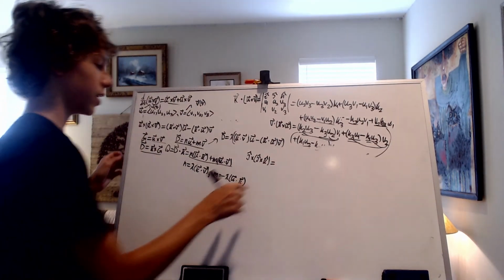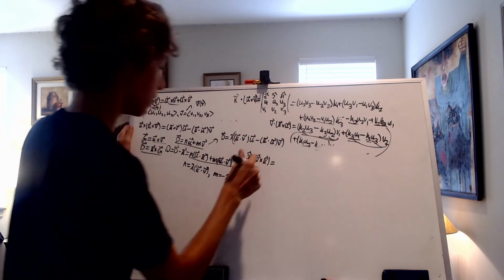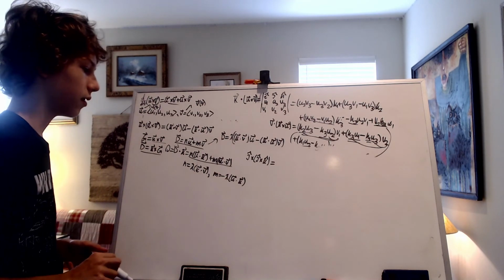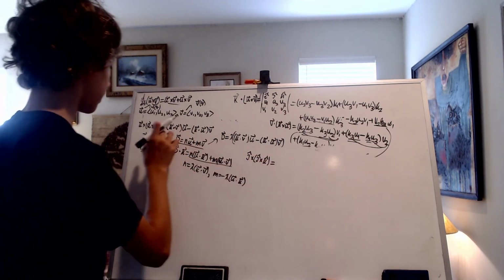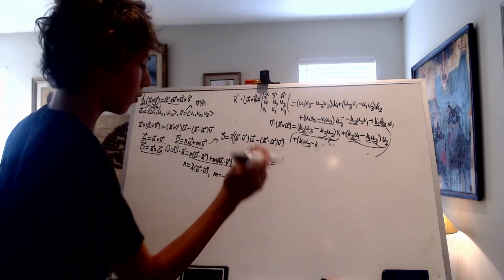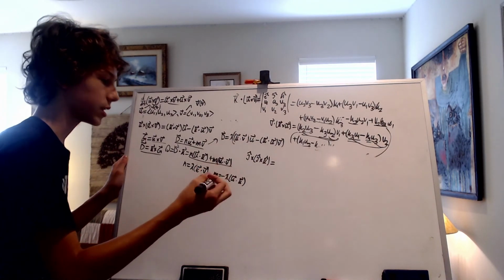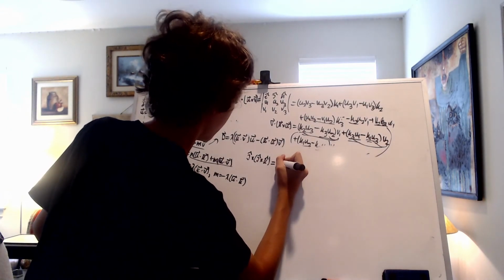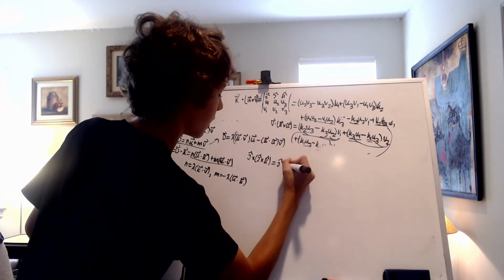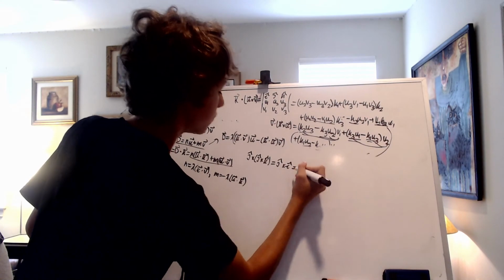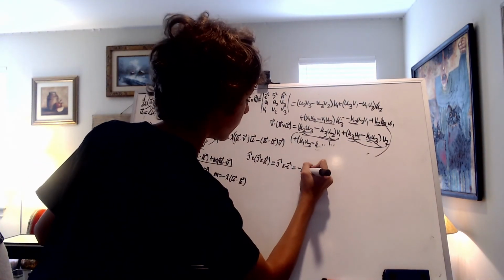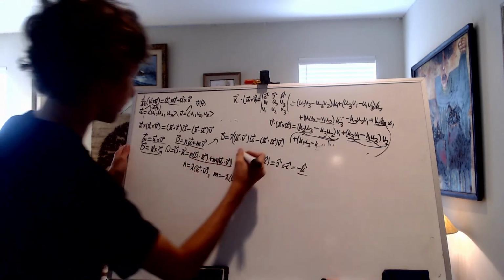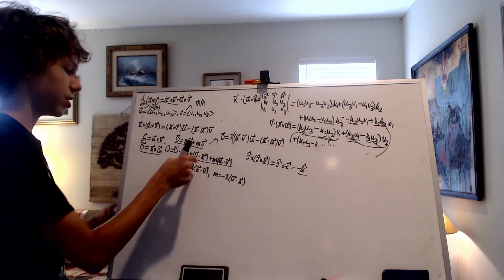Using the right-hand rule, j hat cross k hat is exactly i hat, so we have j hat cross i hat, which is, again using the right-hand rule, negative k hat.